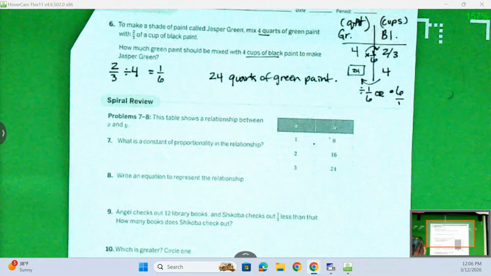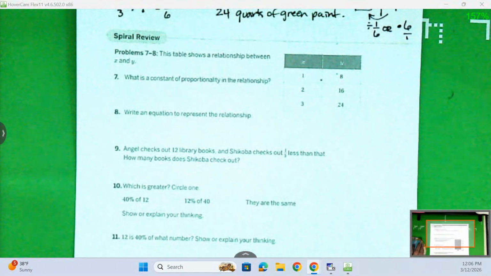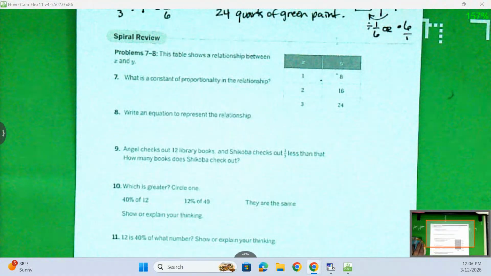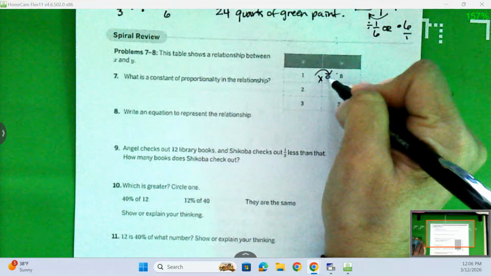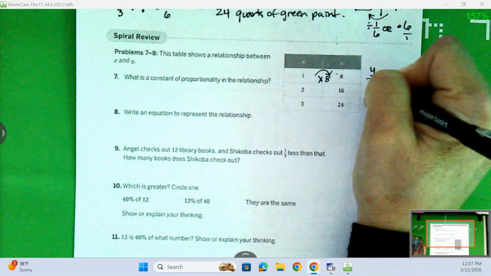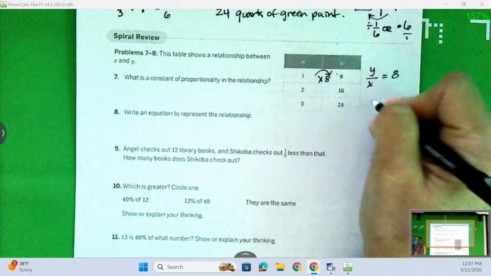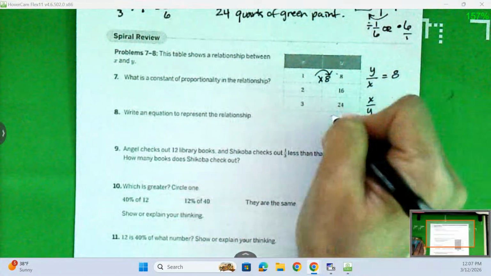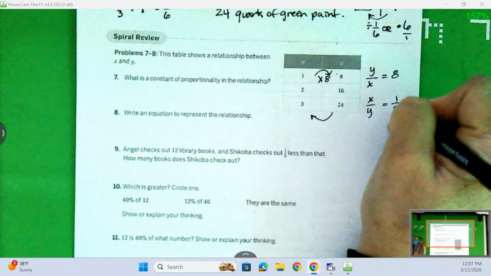Okay, a little bit more spiral review here on constant of proportionality. Question 7 asks, what is the constant of proportionality in this relationship? So looking at 1 to 8, that's the easiest one to do. It's just times 8. So y divided by x is 8. And then if I do x divided by y, going in the opposite direction here, I am going to get 1/8.